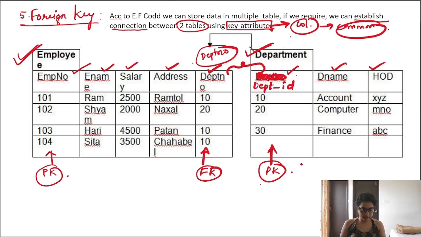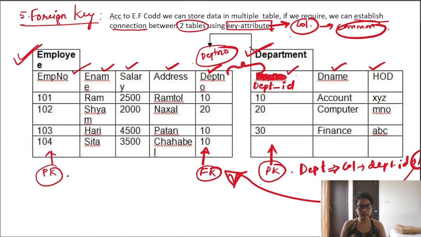When I made department ID a primary key, by using this only I can make sure this record can be made a foreign key.